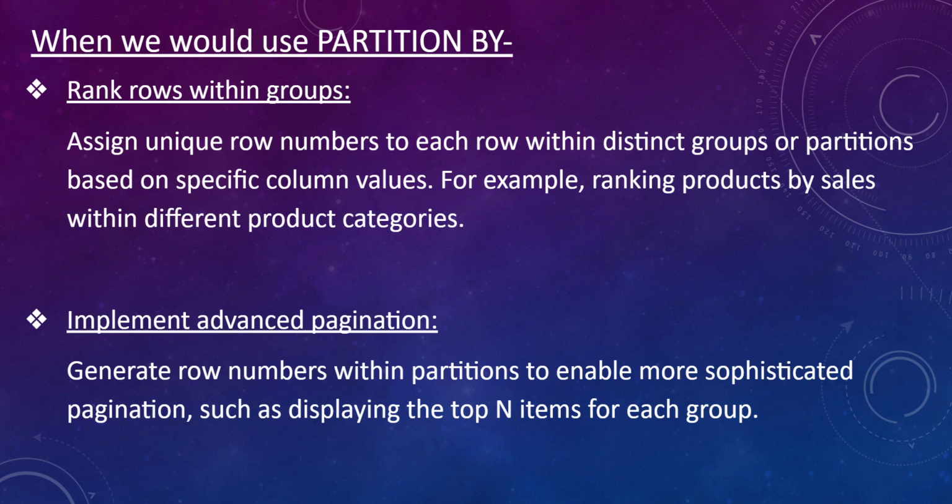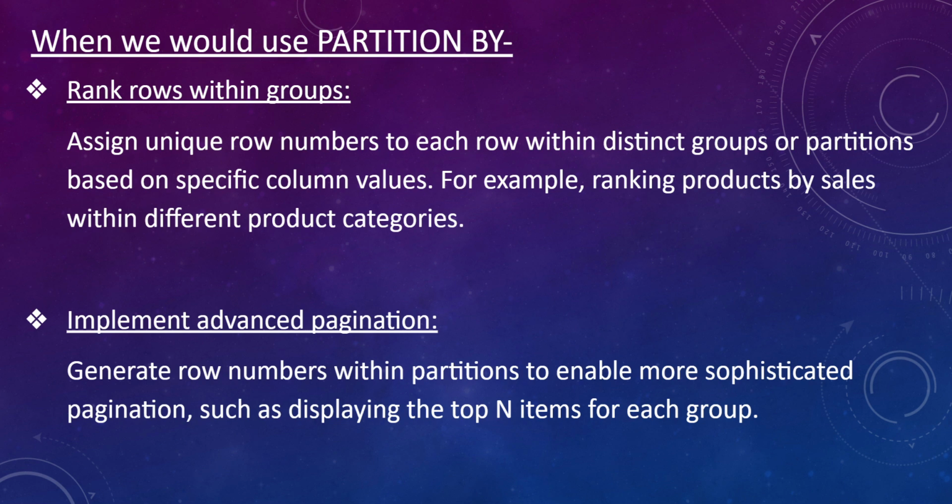There can be n number of products within that category. If we don't do PARTITION BY, then the whole table will be one partition, and the row number will be on the basis of product. However, we can have a row number within the partition of say detergent or say cosmetics. So this is the application where we can use PARTITION BY.